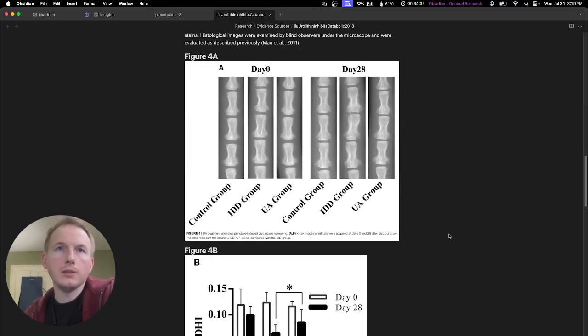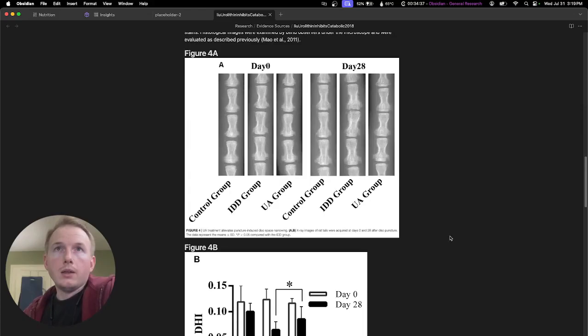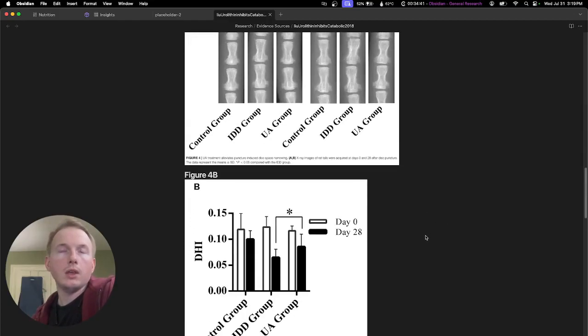And so that means that Urolithin A can prevent the progressive loss of disc height following disc puncture. Yeah.